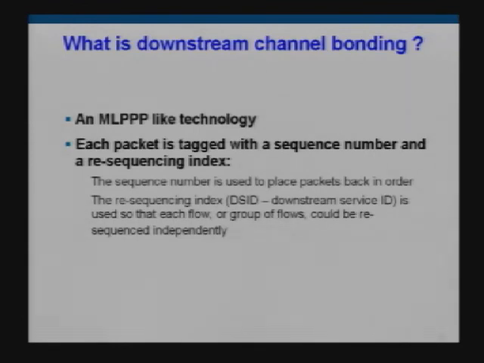So for a particular service flow, a stream which goes from the CMTS side to the cable modem, the individual packets of the stream can be spread across these physical channels, and the DSID, which represents the stream, and the sequence number will help the cable modem to resequence the packets before it sends them to the customer premises network.